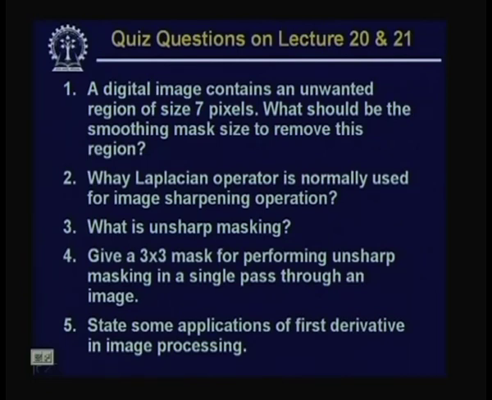Third question, what is unsharp masking? Fourth question, give a 3 by 3 mask for performing unsharp masking in a single pass through an image. Fifth, state some applications of first derivative in image processing.